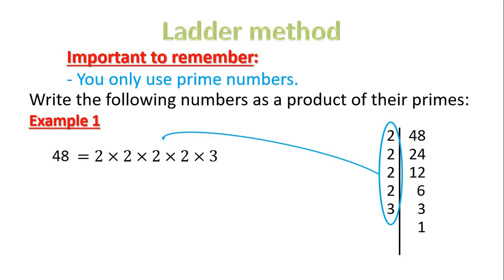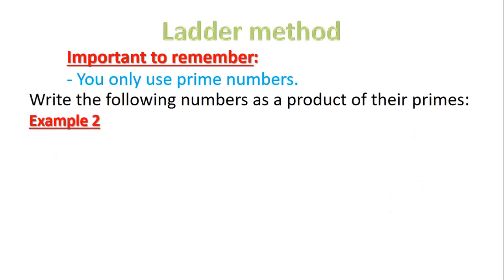So 2 times 2 times 2 times 2 times 3. And that equals 48. Now, if we want to write it exponentially, that gives us 2 to the power 4 times 3. And we've written 48 as a product of its prime numbers. 2 to the power 4 times 3.